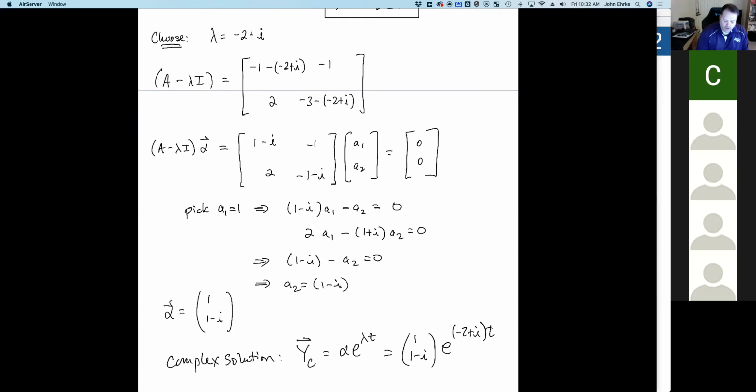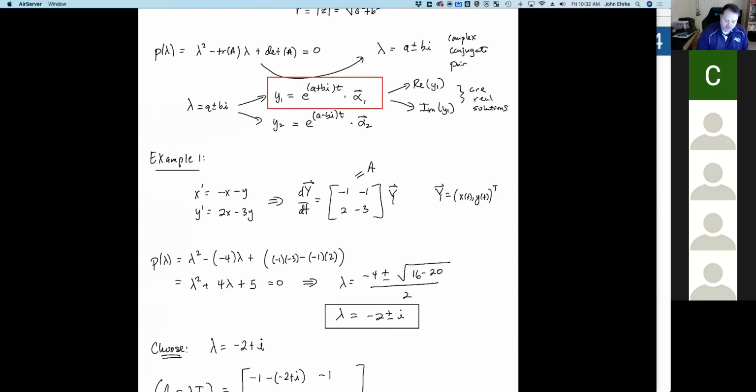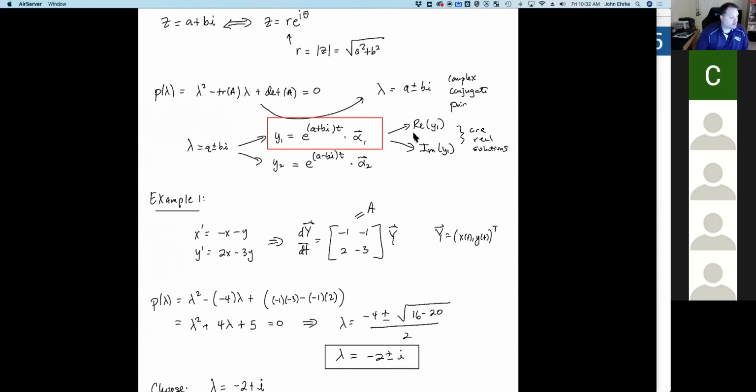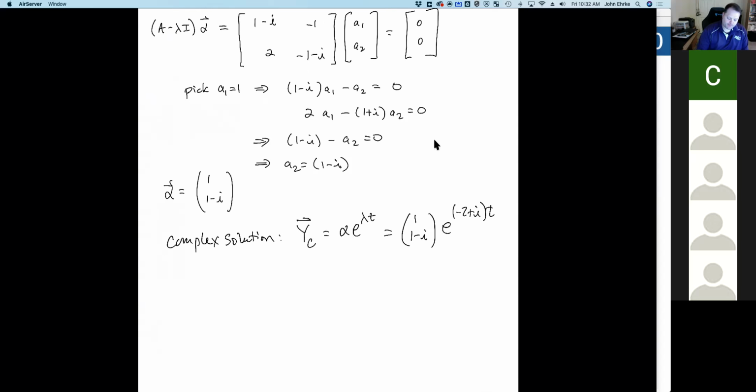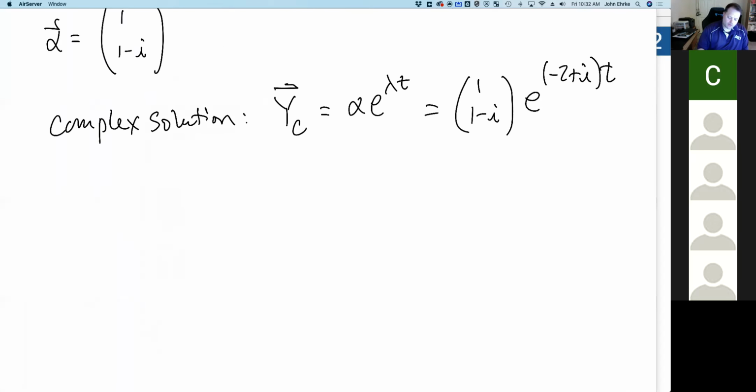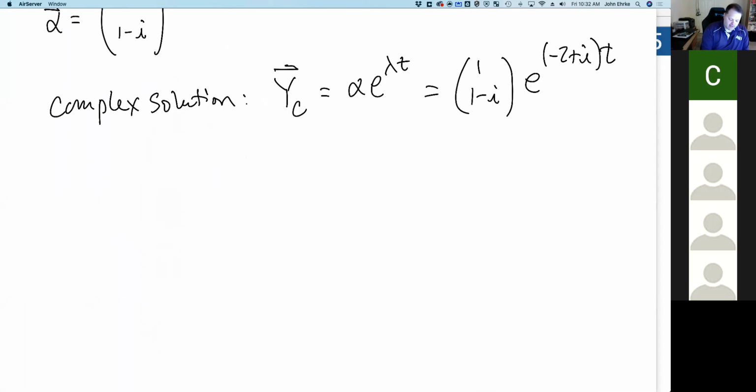And this is where the conversation from Wednesday's class comes in, because when you have this complex one, we're going to take the real and imaginary parts of it to make the real ones. So in order to do that, I feel like it's the best policy for most students to write this thing out, to separate it out first.